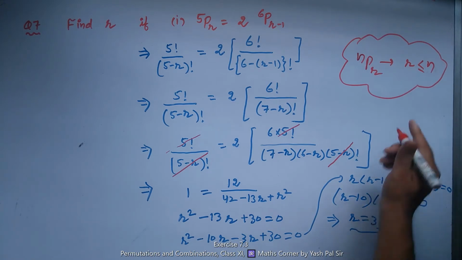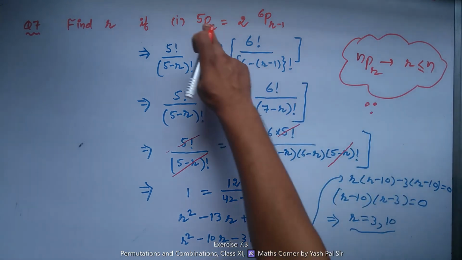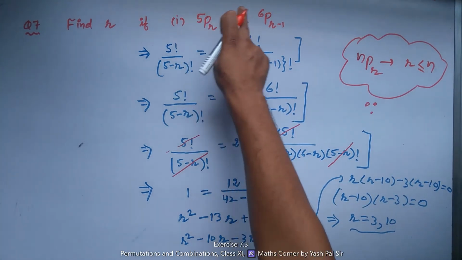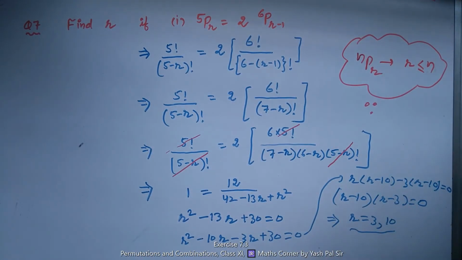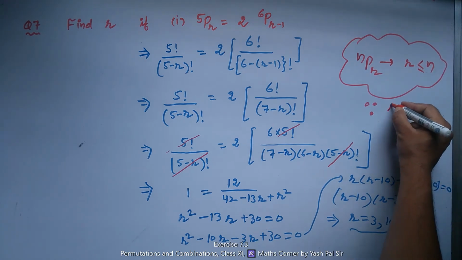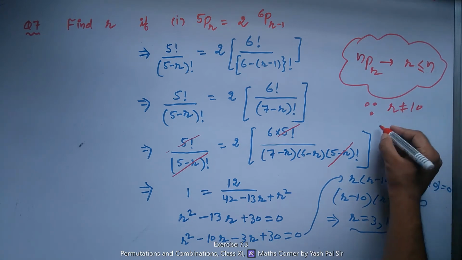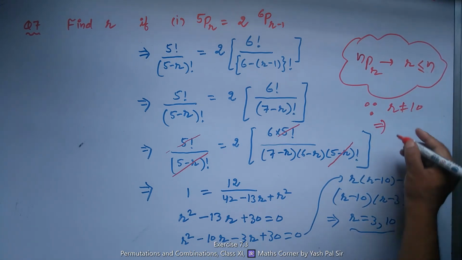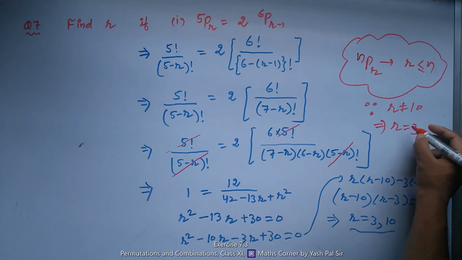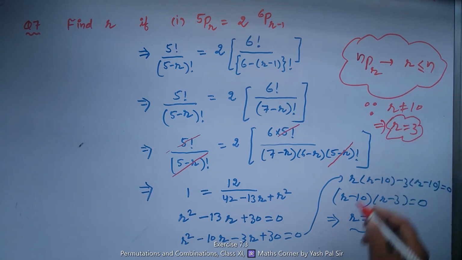So here, because n is 5 or n is 6, this can never take place. r cannot be equal to 10. So r is not equal to 10. That means the value of r is 3. This is the desired result.